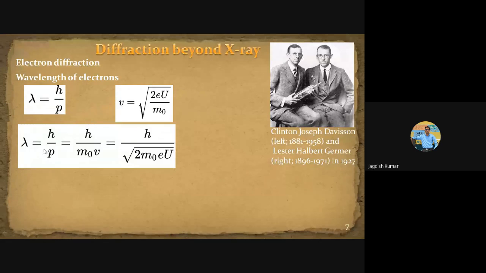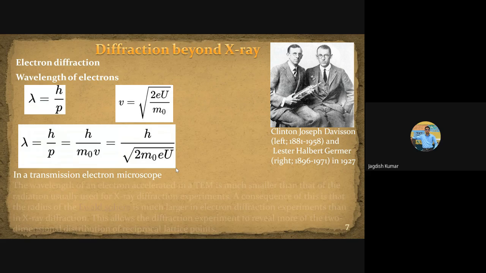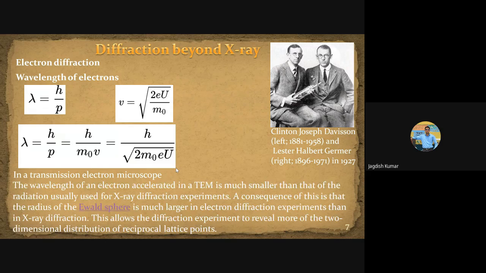Once we have electrons of the desired wavelength, we can employ that beam to study the diffraction pattern from the crystal. In the transmission electron microscope, this diffraction technique is employed very much. And the wavelength of the electrons accelerated in TEM is much smaller than that of the radiation usually used.